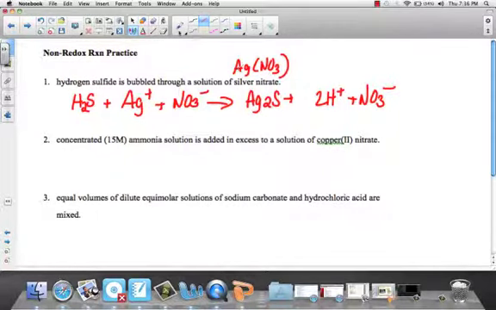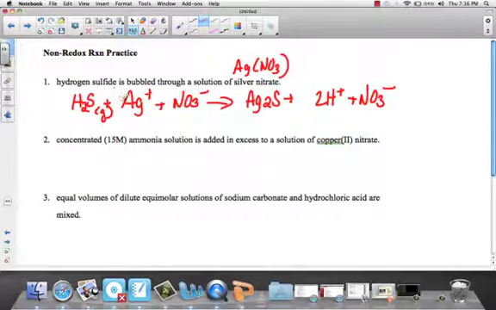So let me explain what I did here. First of all, I knew that the hydrogen sulfide, oh, this is the gas, I'm sorry. Hydrogen sulfide gas is insoluble because it's a gas and it's bubbled through this solution of silver nitrate.